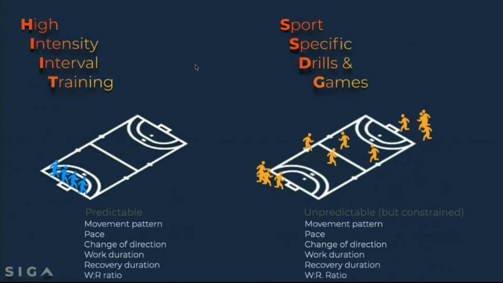Do you remember that 30-15 that I mentioned before? So I'll be teaching you how to use it. And change of direction. Since they are running back and forth, they will be changing direction in a 180 degrees fashion from the start to the end. The work duration, recovery duration, and the work to rest ratio will be predetermined. So you know how the athletes are performing.